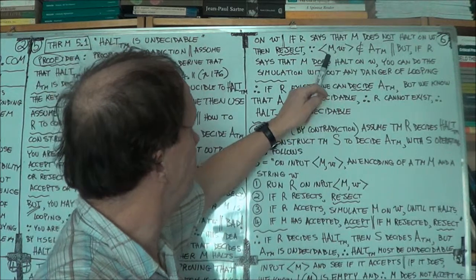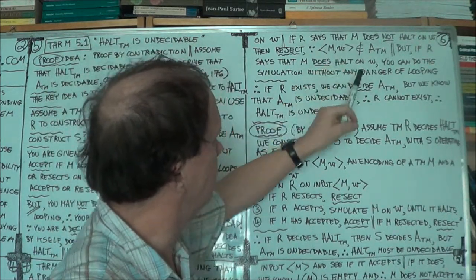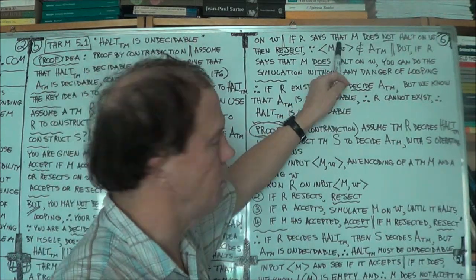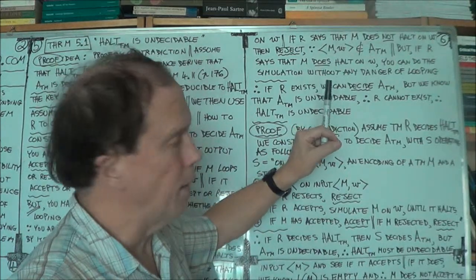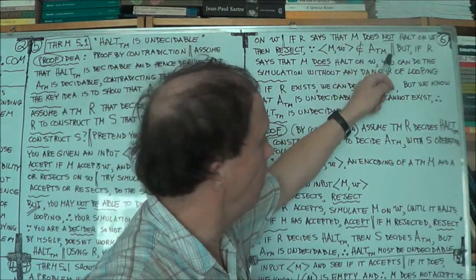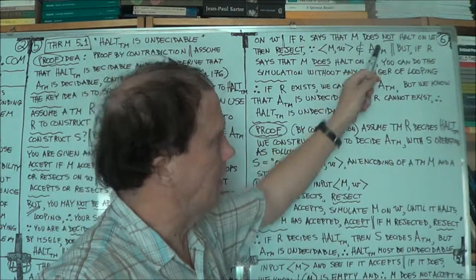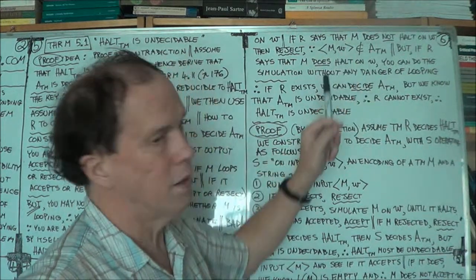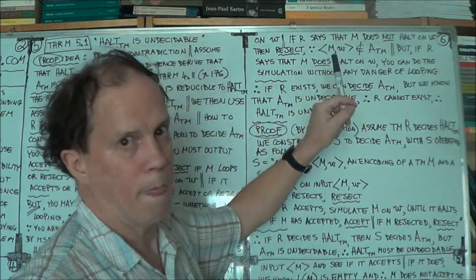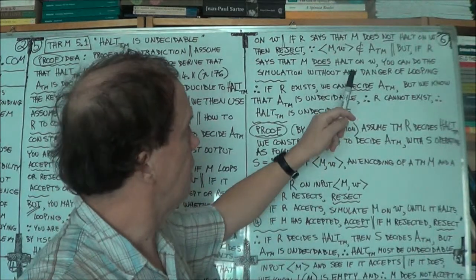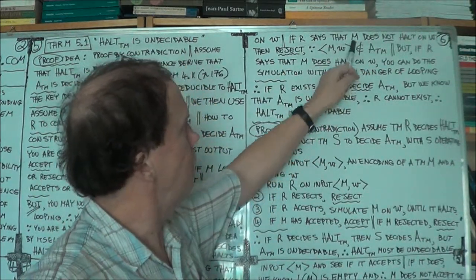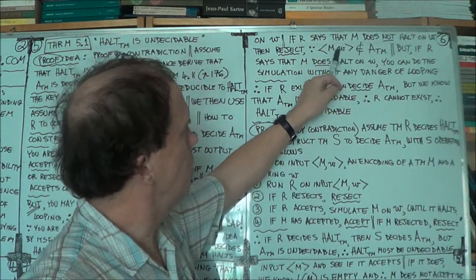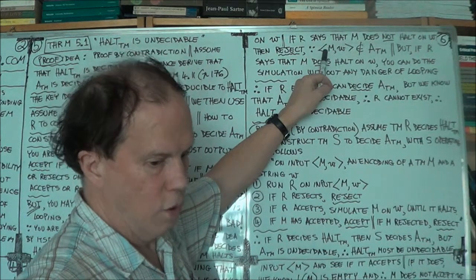Now if R tells you that it doesn't halt, well, therefore you know that this MW cannot be a member of that language, because if this is a member of that language, then M would accept W. But R is saying that W does not cause M to halt.